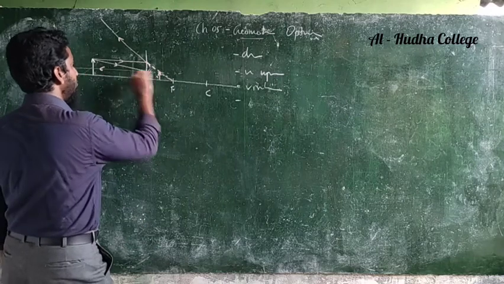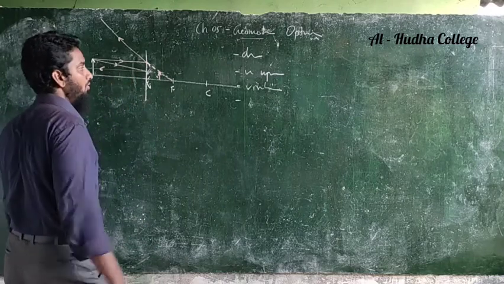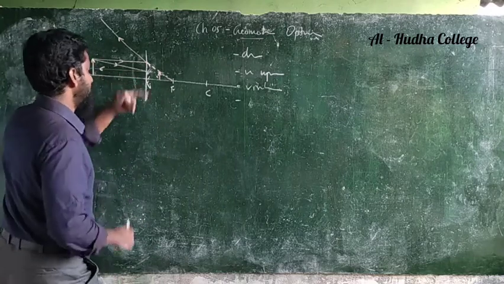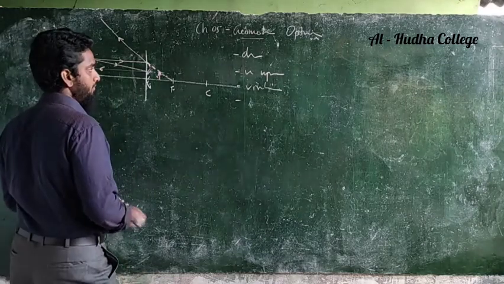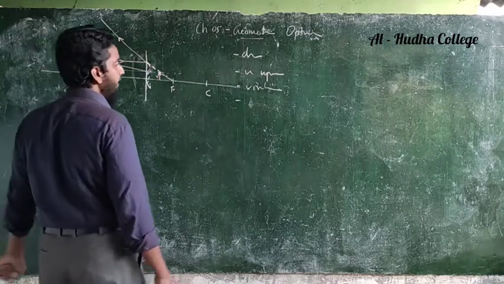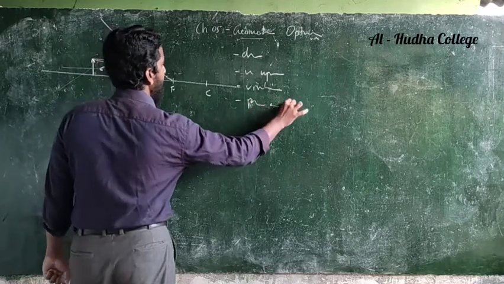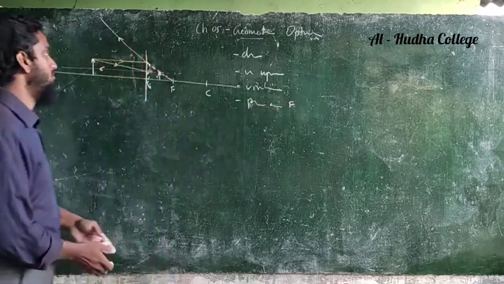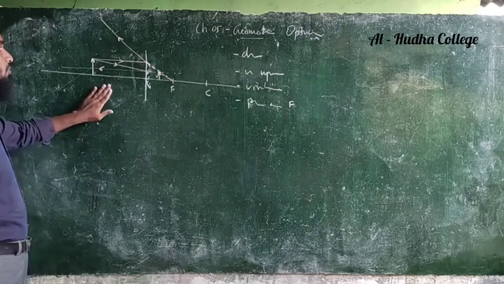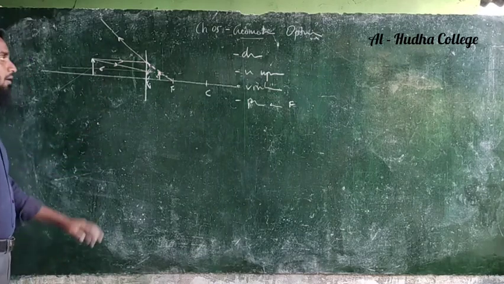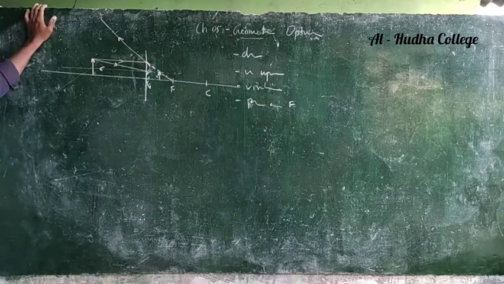We can see it through the mirror itself. The fourth character, where we are getting it: in between pole and focus. This is the image formed in the convex mirror.